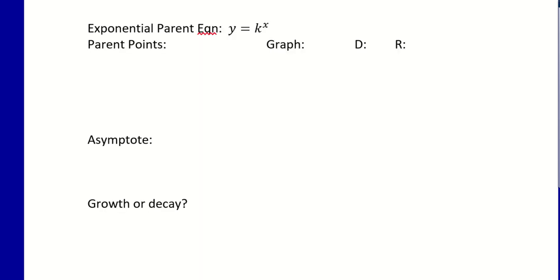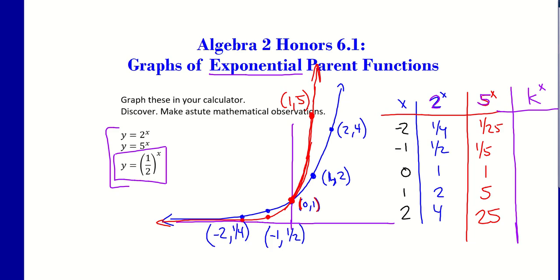So if you have looked at y equals k to the x, hopefully you've come across these parent points, where you'd have 0, 1. One of the patterns that I notice about these other columns is that as one y value goes to the next y value, in this first column here, I'm multiplying the y value by 2 every time.